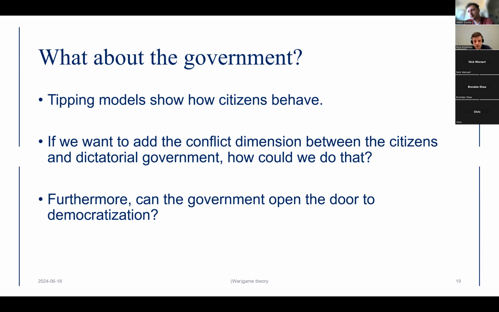So the tipping models that we've covered show how citizens behave, but they don't tell anything about the government. They just describe society and explain why it's difficult to predict transitions or when transitions can happen. So if we want to add a conflict dimension between the citizens and the dictatorial government, how could we do that? And is there room for the government to open the door to democratization?